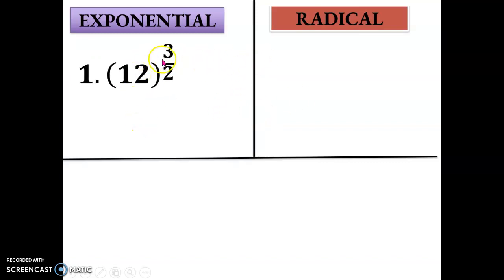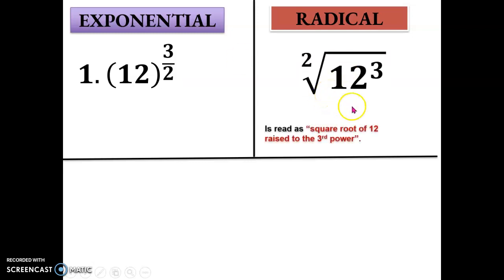Okay? Another example. So, naka-exponential tayo. So, alam naman natin, ito ang base, ito yung exponent, this is the denominator, which will indicate the index. Ayan. So, read as the square root of 12 raised to the 3rd power. So, ito yung ating index. So, yung denominator, exponent, ayan. The base, ito yung magiging radicand. Okay?